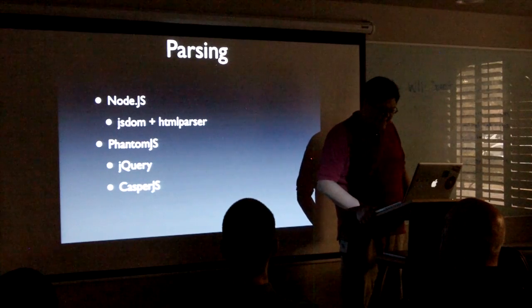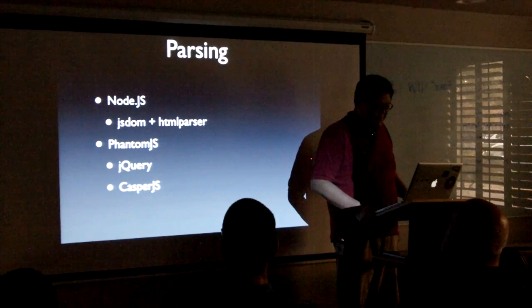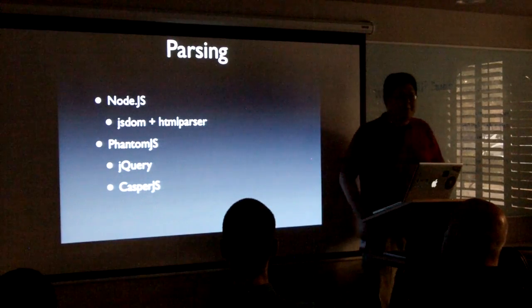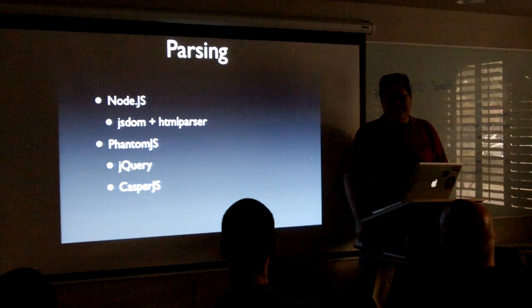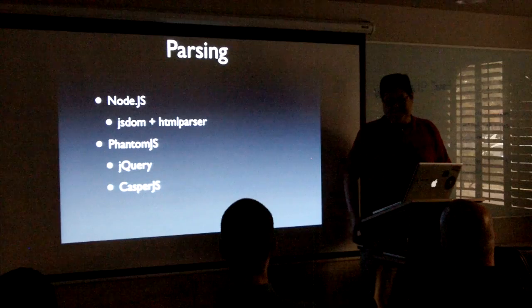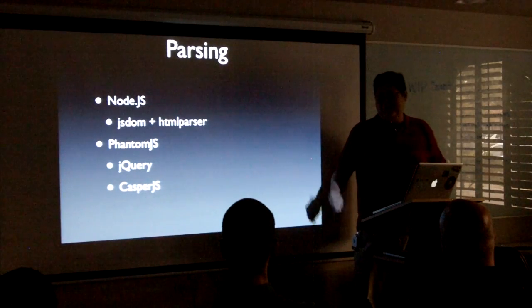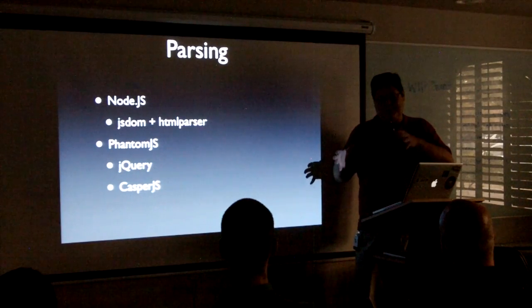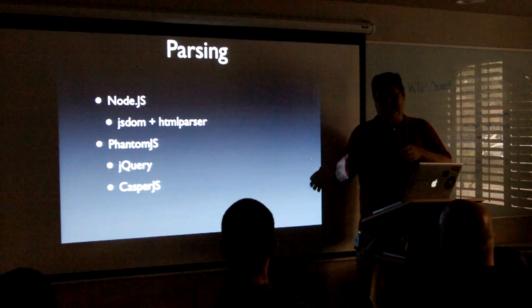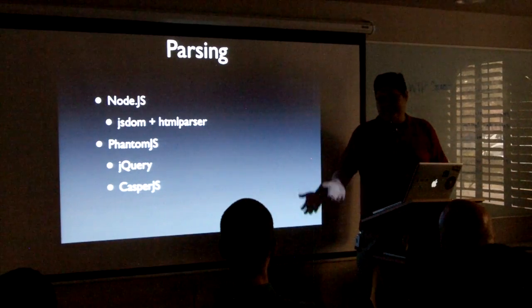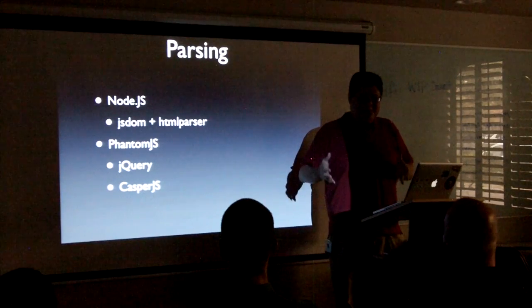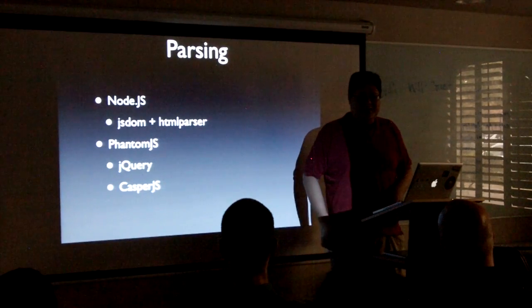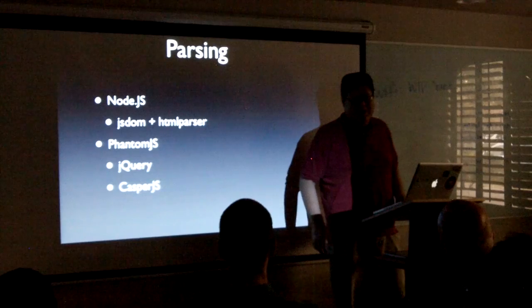So another thing that Phantom is really good for is parsing. If you know anything about Node, there's jsdom, which emulates a DOM inside of Node, but it's fake. It's not real, right? So you're running a fake version of a web browser in a DOM, and you're trying to parse inside of that, but it doesn't have JavaScript. So it's good in a way because you're able to run this inside of Node, but it's not a true web browser.